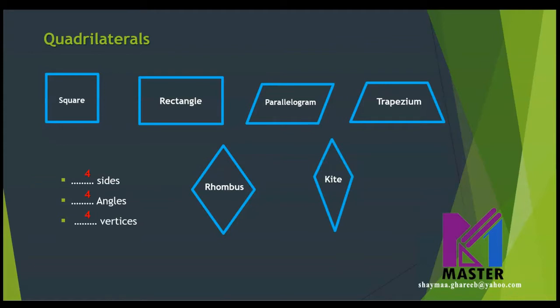So any 2D shape that has 4 sides, 4 angles, 4 vertices is a quadrilateral. And these are the famous quadrilaterals that we are going to talk about in details in the coming slides.